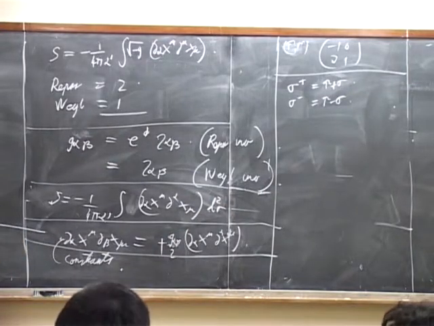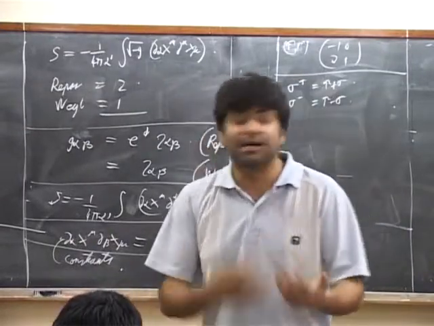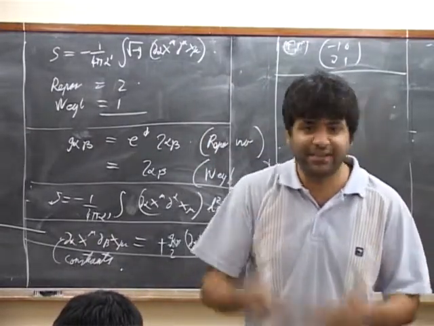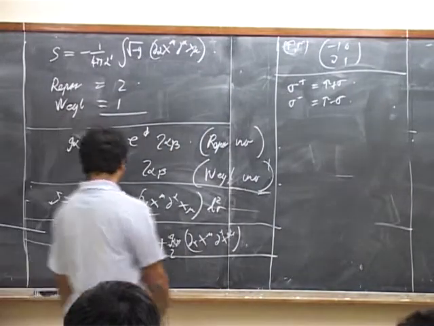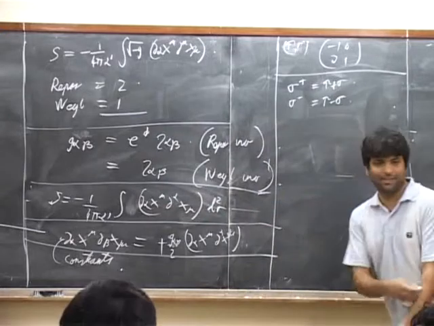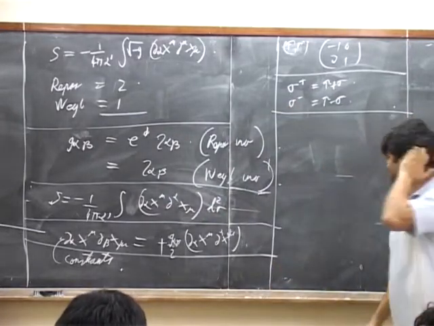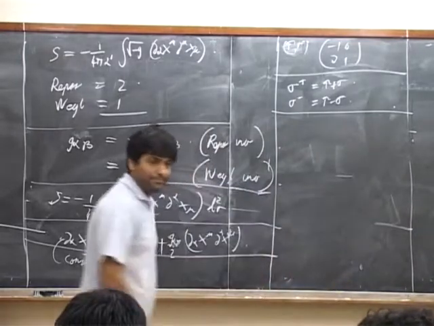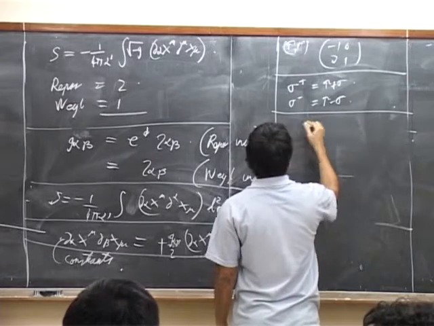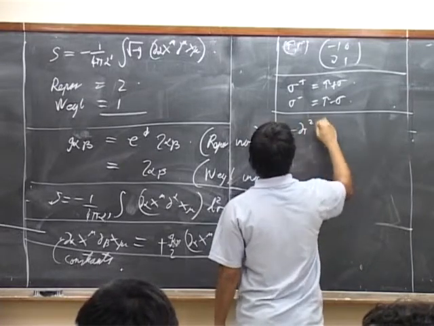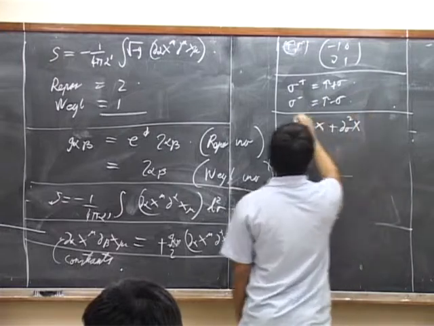And let's write everything on the world sheet of the string, everything in the action, in terms of these variables. Every derivative in terms of derivatives for sigma plus and sigma minus. So we're going to transform this action into that form. That's very easy to do. So let's remind ourselves how things work. Firstly, about the action. Okay, this thing was minus del tau squared of x plus del sigma squared of x.